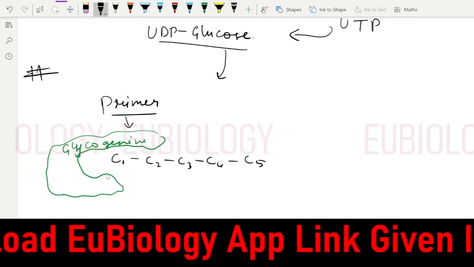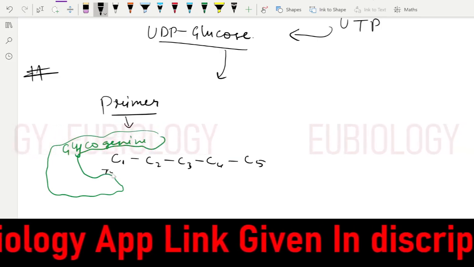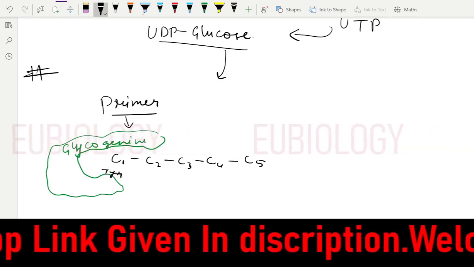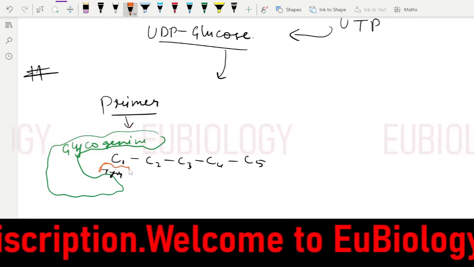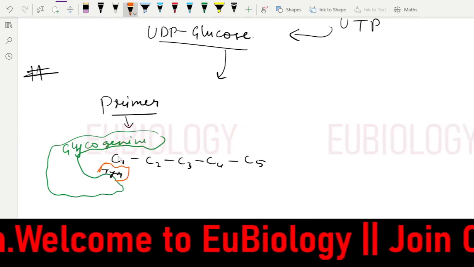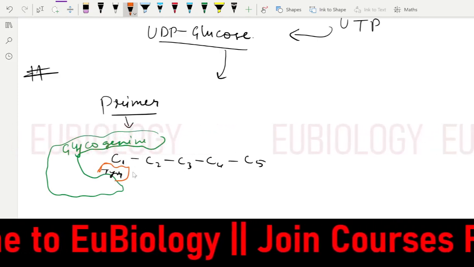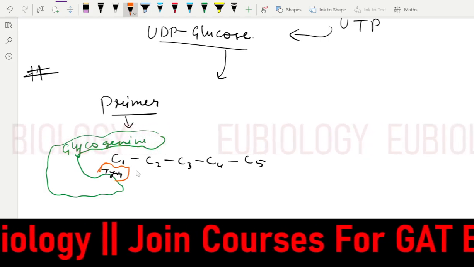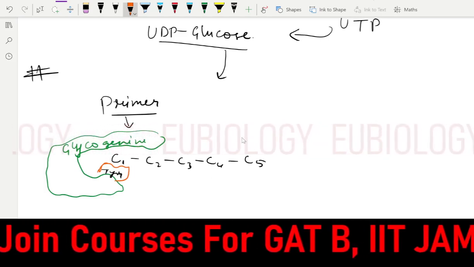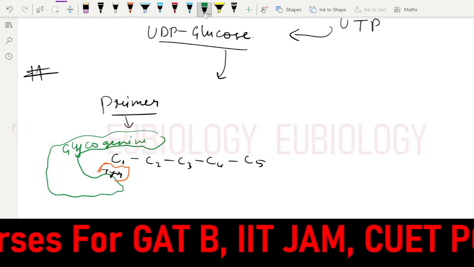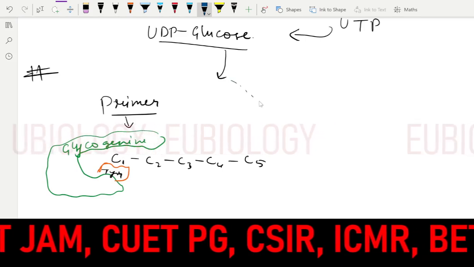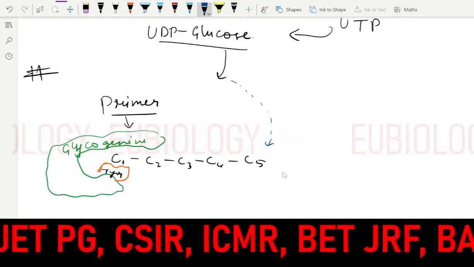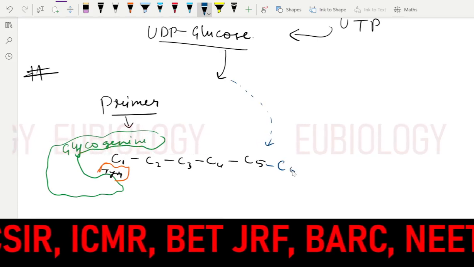It is bound with a tyrosine here in the early stage, and this is the reducing side, carbon one. Now whenever a new glucose comes, it will pass over this and bind here as C6.